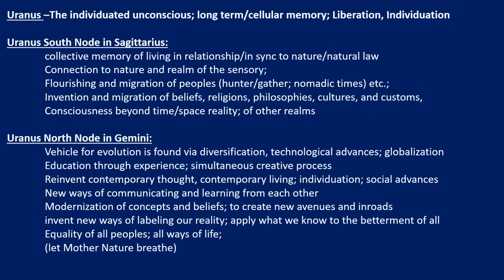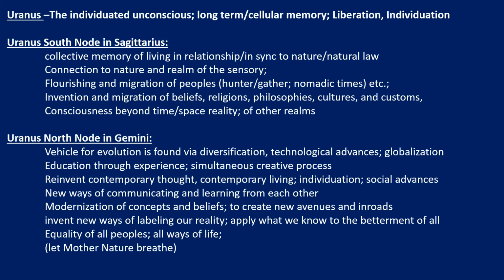And so, some people think that their origins exist on other planets, and why, South Node in Uranus, in Sagittarius. The North Node in Gemini, vehicle for evolution, the toolkit forward, is found through diversification. Diversification of the gene pool was one way that humanity was able to survive and multiply, right? So that's one thing here.